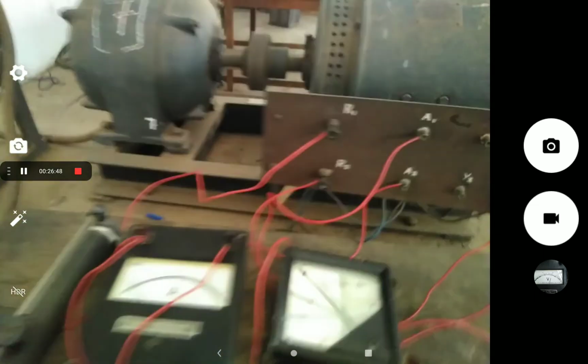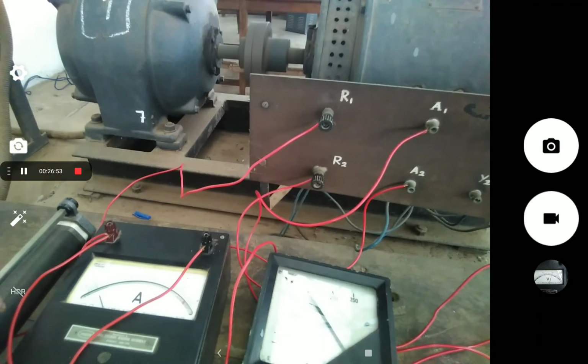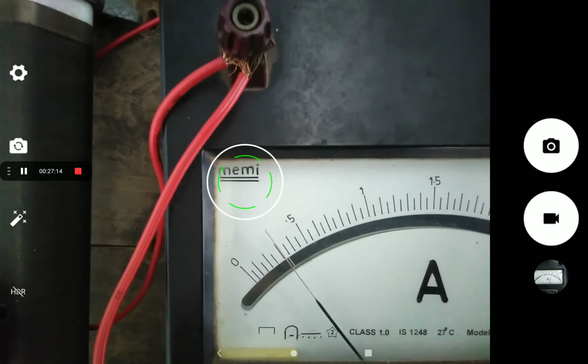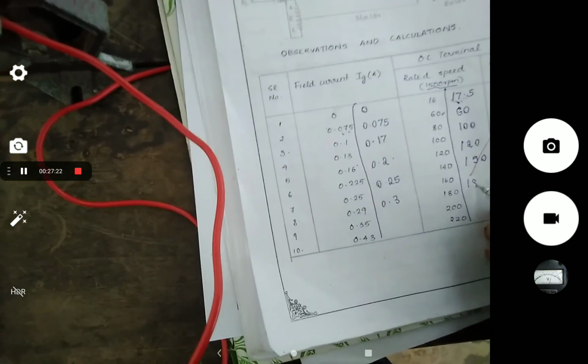Then you set 180. So you have set 180 and the corresponding current is 0.3. So your corresponding current is 0.3 and the voltage is 180.